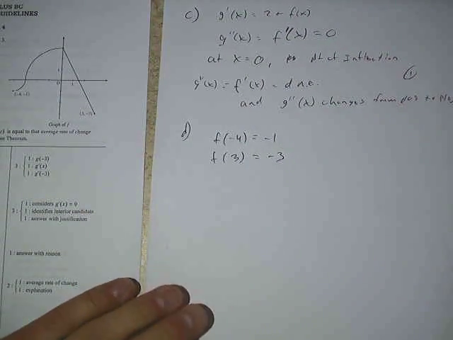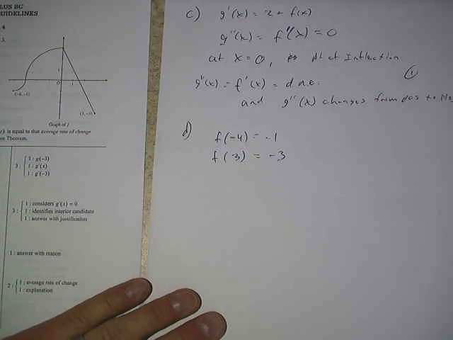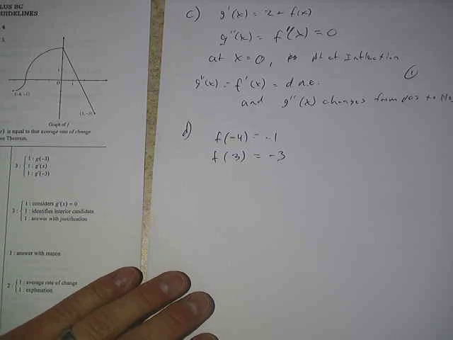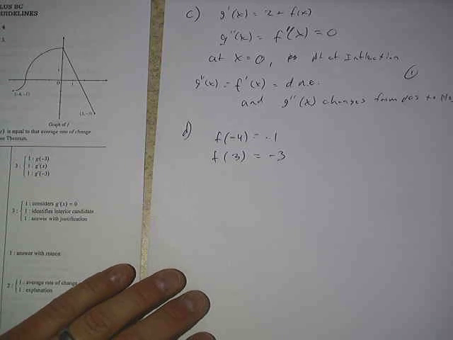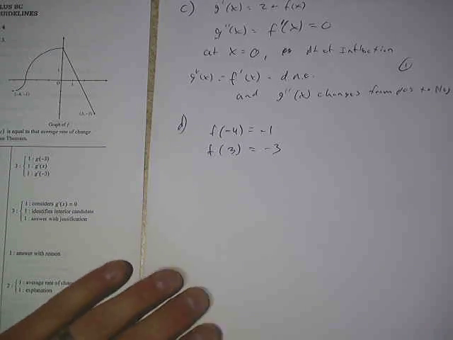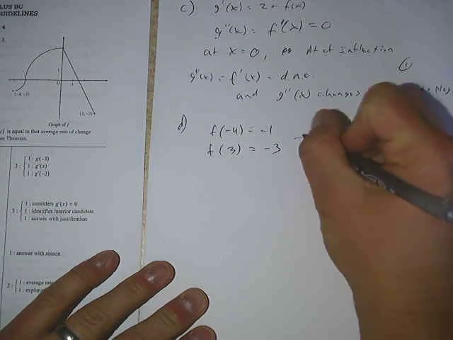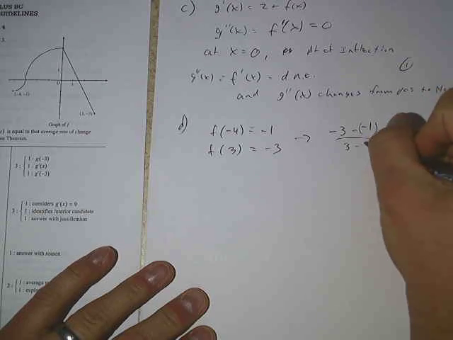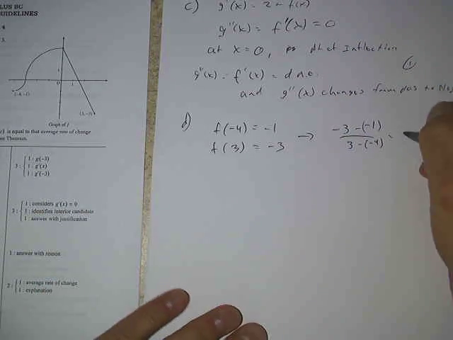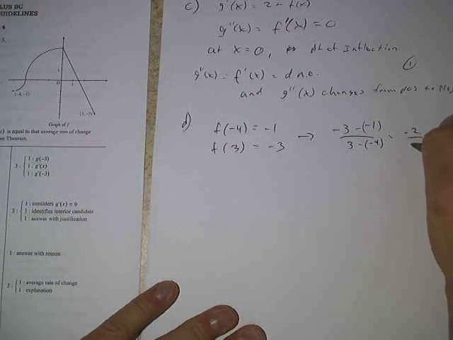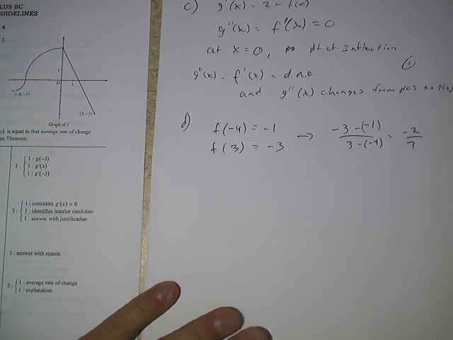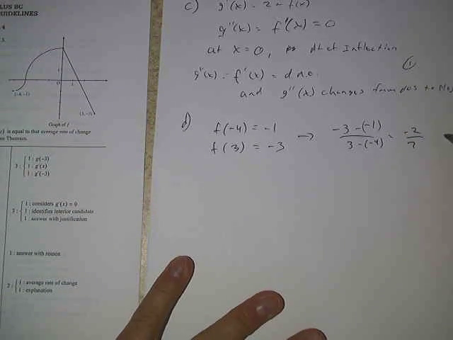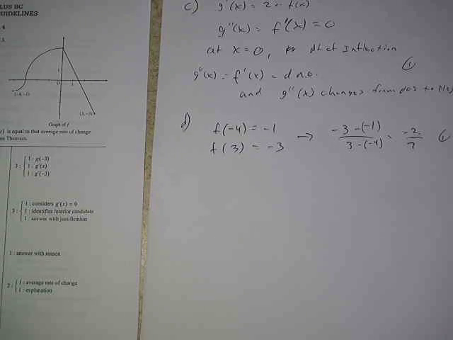And then finally, part D. It says find the average rate of change of f on the interval -4 to 3. Okay. So if we take our f of -4 and our f of 3, our f of -4 is -1, and our f of 3 is -3.